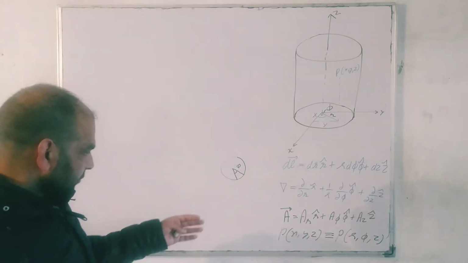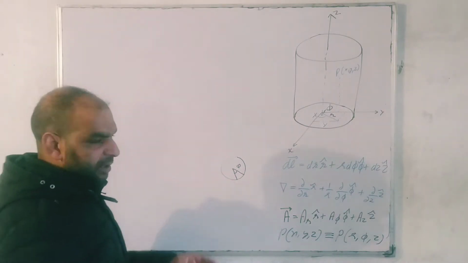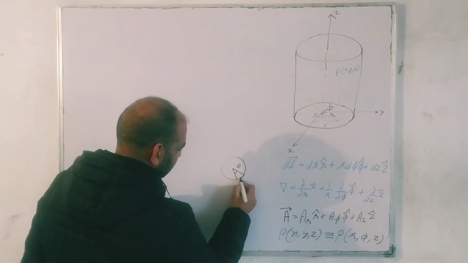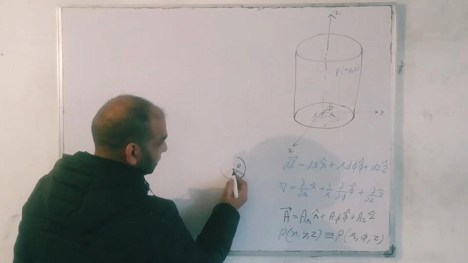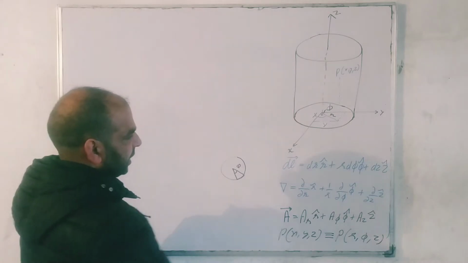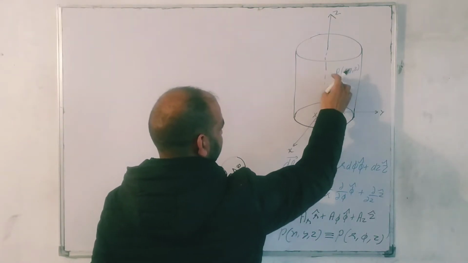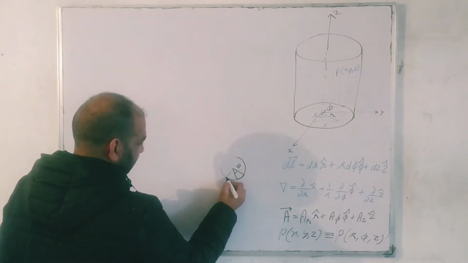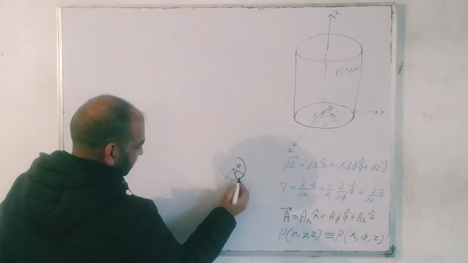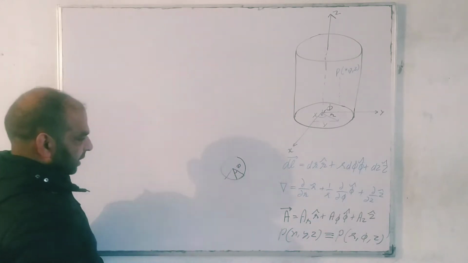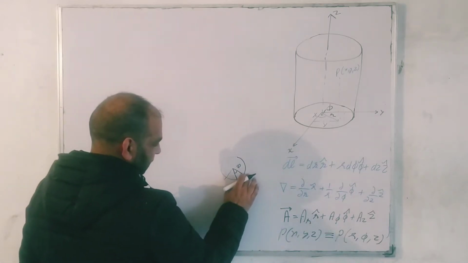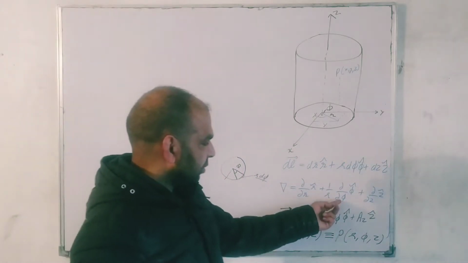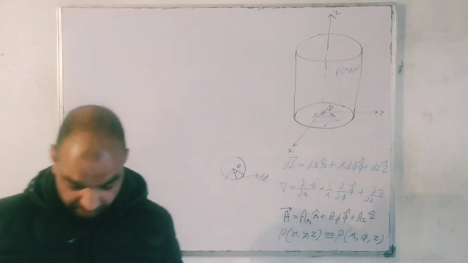If we increase phi from here to here, initially phi is this angle here. This is called the azimuthal angle, and R is the distance of point P from the z axis. Suppose this was the x axis and it was the initial angle. So suppose we make a change along this direction. When we make a change along the direction of phi, then this change will be R d phi. So phi does not change alone, it changes with R. That's why this term is here, 1 upon R.